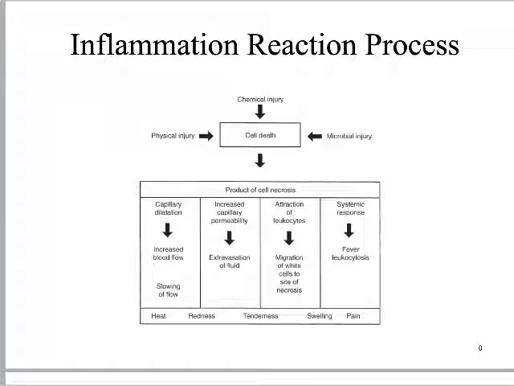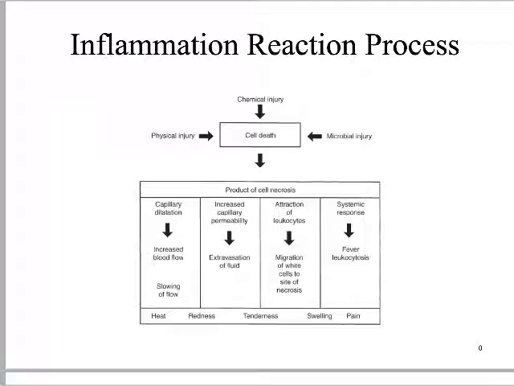So here's what that system looks like. There's a chemical injury, a microbial injury, or a physical injury, like the person's punched in the face, for example. That would be a physical injury. When they are punched in the face, cells die. They are crushed by the trauma of that punch.